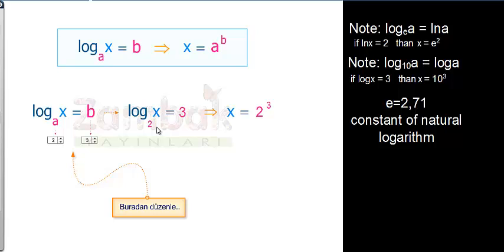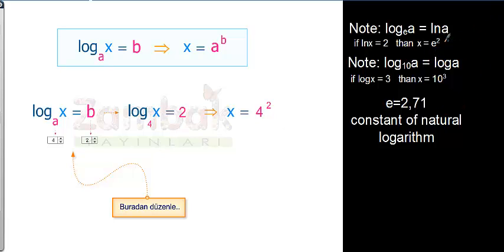Here I'm showing that one again. If I make this one 3, the base, as you see, becomes the base of exponent. Or if I make it 4, 4 to the power of 3. Here 4 to the power of 2. Here this base comes to this side.